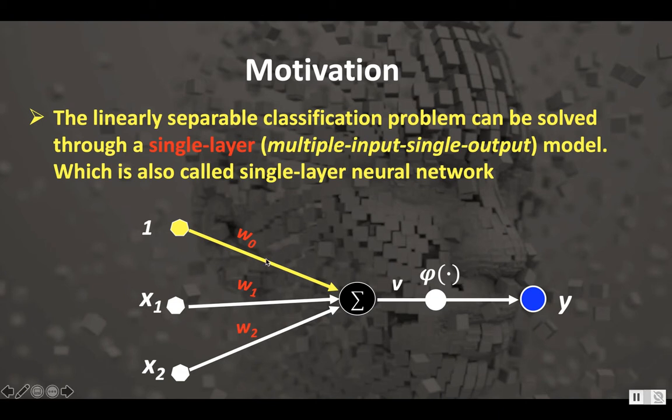W0, W1, and W2 are the synaptic weights. We multiply x1 and x2 by their weights and sum them together to get V. V is the input of the activation function, phi, and then we get the output. The optimum values of W0, W1, and W2 are called the optimal synaptic weights.